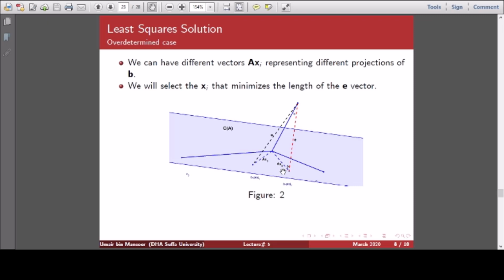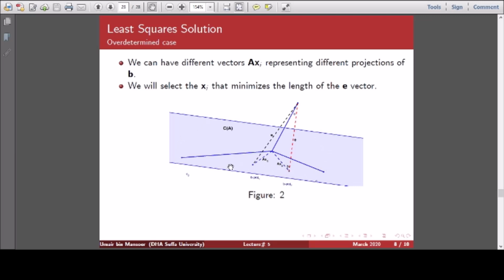When I take some random x0 and multiply it by A, I get a vector that lies within the column space of A. Let's take another vector x1 and multiply it by A. Whatever I get is a linear combination of the columns of the matrix A, and it should lie in the column space.